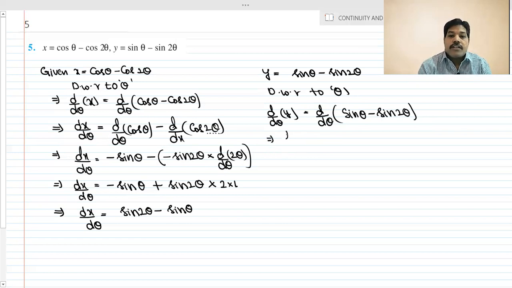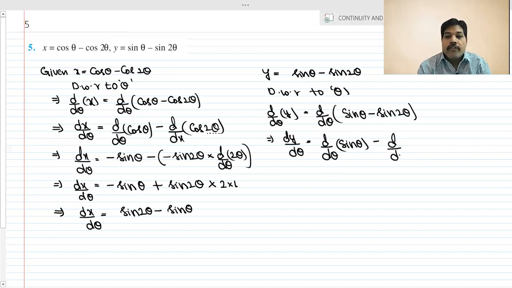So that implies dy by d theta is equal to the derivative of sine theta minus the derivative of sine 2 theta.